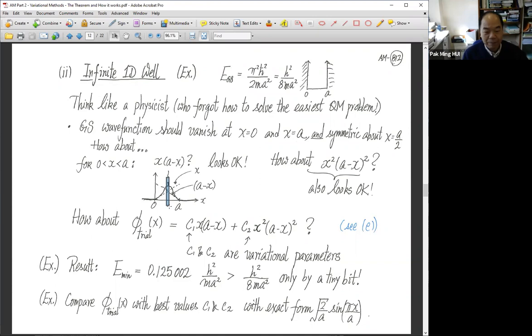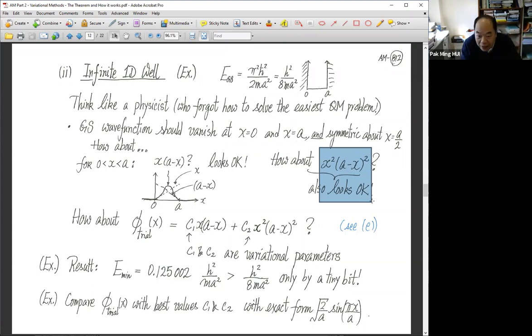That looks okay, right? Now we want to do a variational calculation by mixing this with another similar function, let's say x squared. So with x squared, you have a quadratic increasing thing, and then you have something dropping, not linearly, something like that.